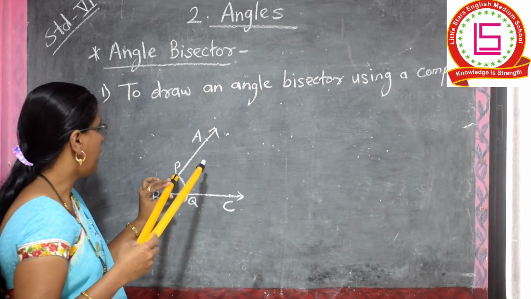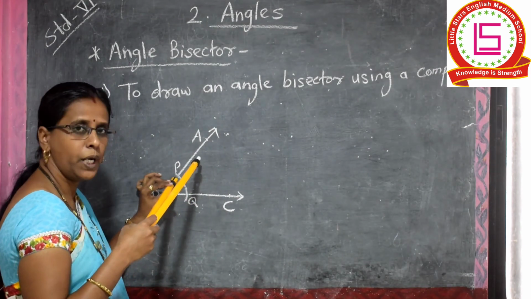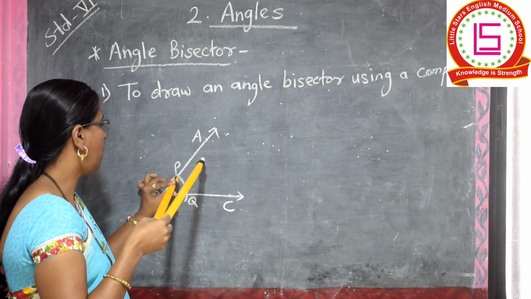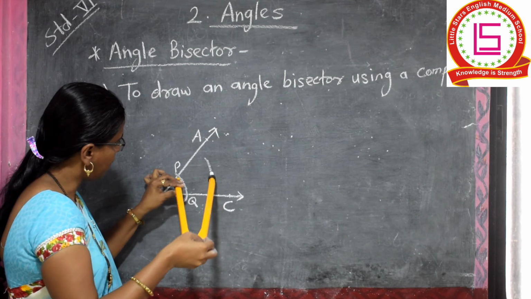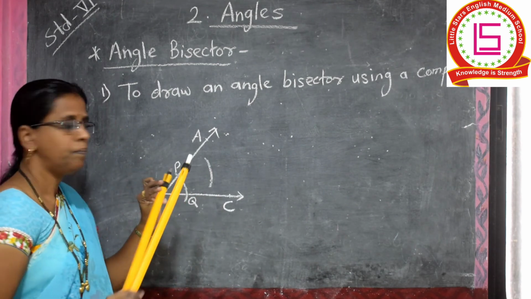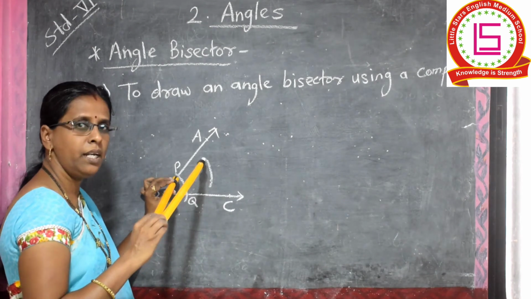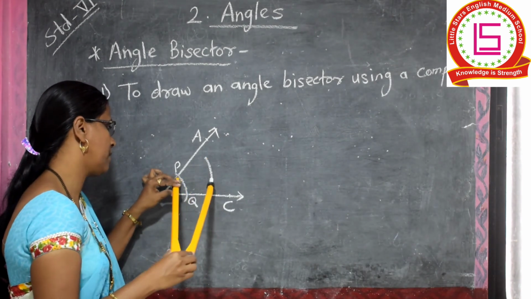place the compass at point P and draw an arc in between the arms of the angle like this. Placing the compass at point P, draw an arc inside these arms.